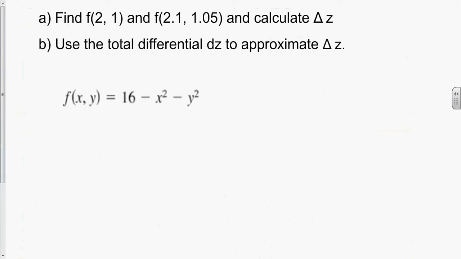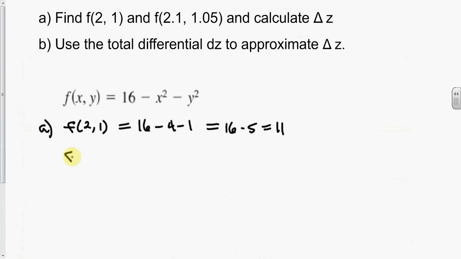So let's look at part A. I need to find f of 2 comma 1. So this is 16 minus 4 minus 1. So I get 16 minus 5, get 11.